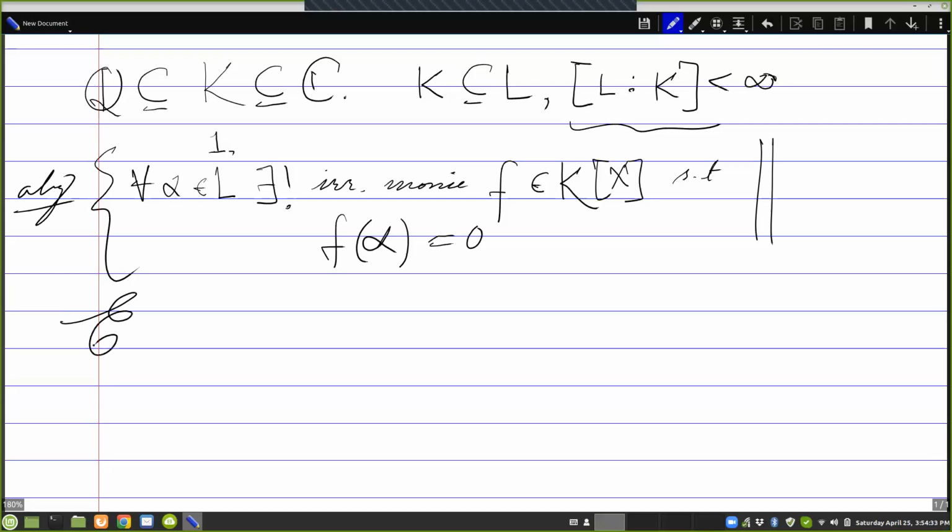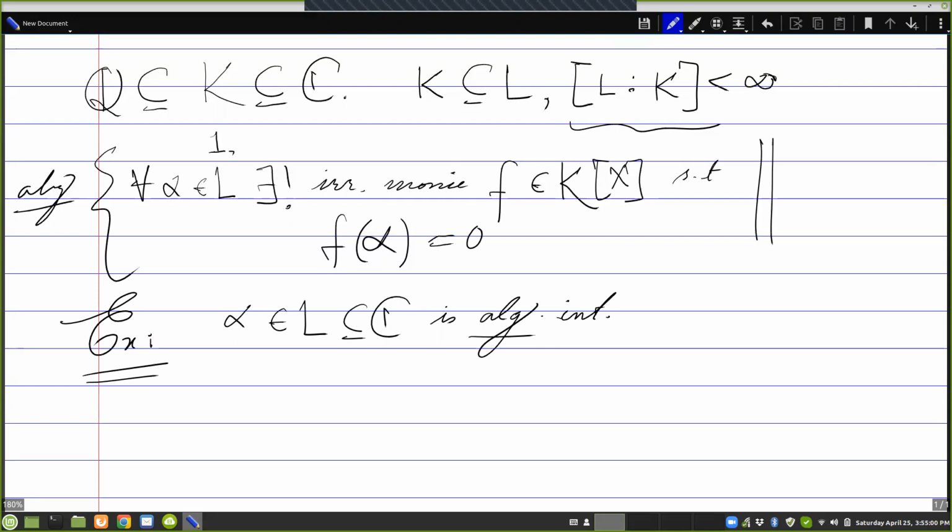In fact, I would like to leave this as an exercise. Suppose alpha belonging to a subfield of C is an algebraic integer. Then there is a monic polynomial with integer coefficients which has alpha as a root.